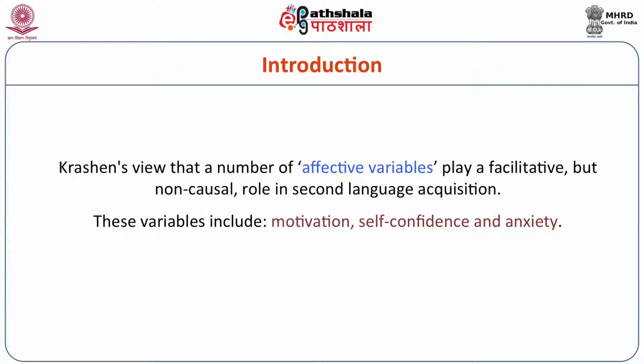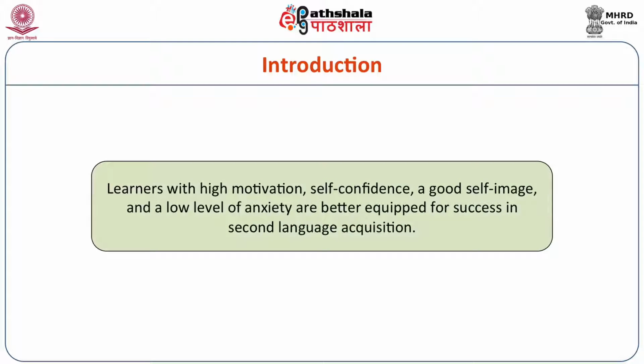Krashen's view is that a number of affective variables play a facilitative but non-causal role in second language acquisition. These variables include motivation, self-confidence, and anxiety also. Learners with high motivation, self-confidence, a good self-image, and a low level of anxiety are better equipped for success in SLA.